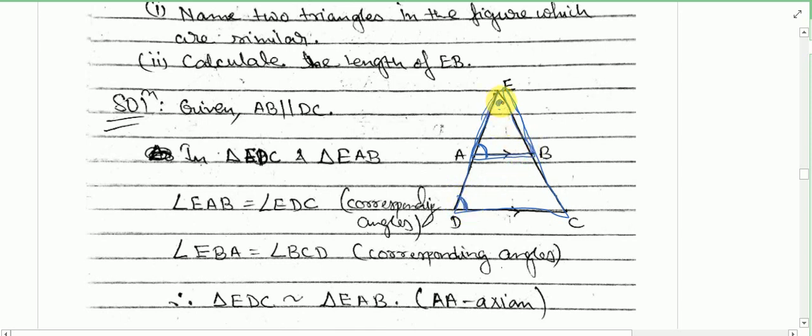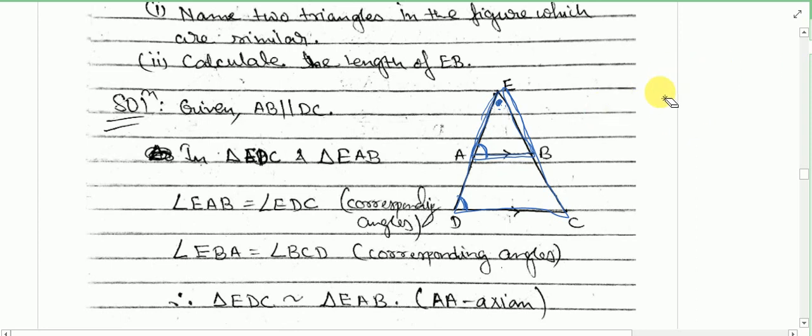So you got two angles equal in these two triangles. Therefore these triangles are similar. So we will write triangle EAB is similar to triangle EDC.